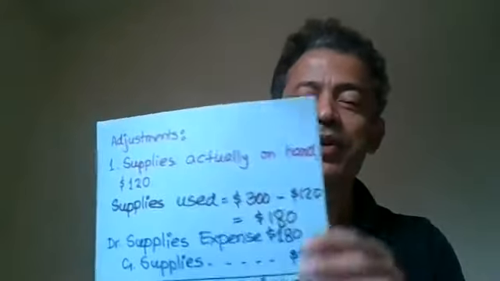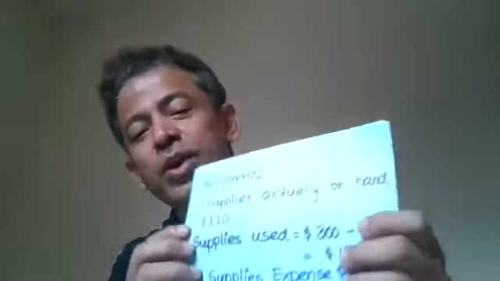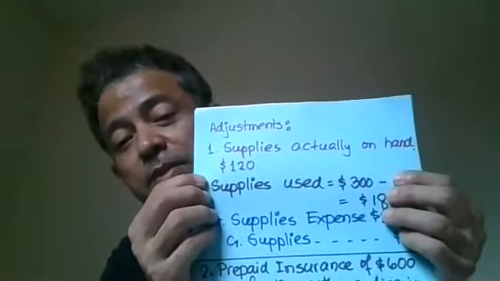How much do we have? We have only $120 worth of supplies. So that means there is now a discrepancy. My old documents say $300. My new documents say only $120. So the $180 worth of supplies are missing.